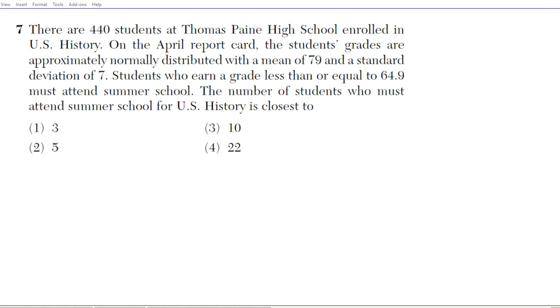History is closest to. Alright, so let's start by taking a look at the steps that will guide our problem solving process for this problem. So what we'll do first is find the percentage of students that scored 64.9 or less. So step 1 is find the percentage of students.